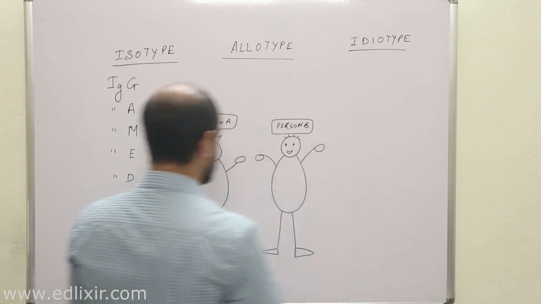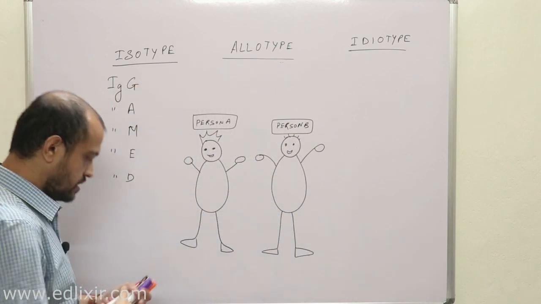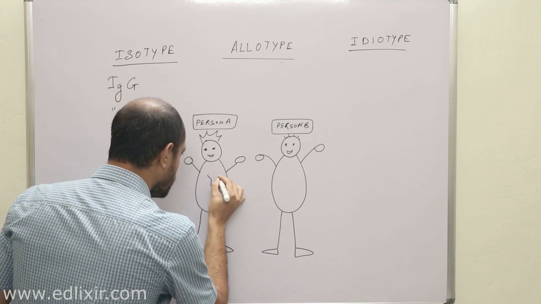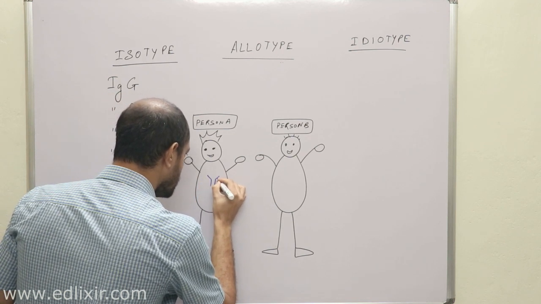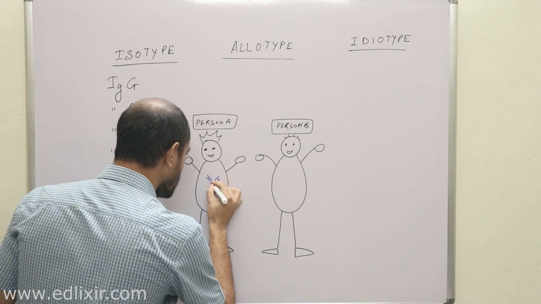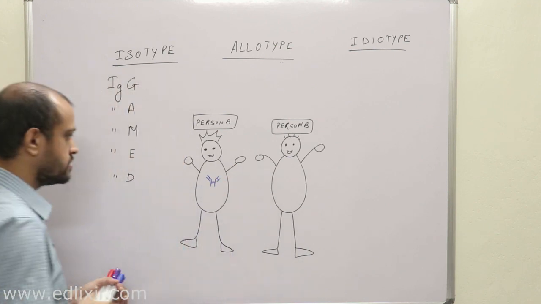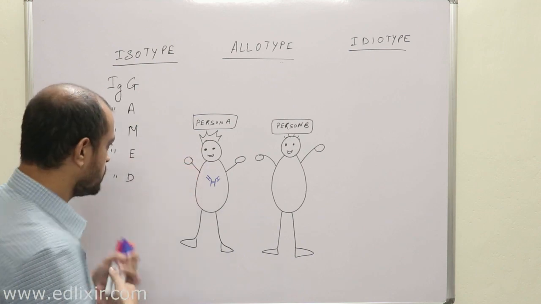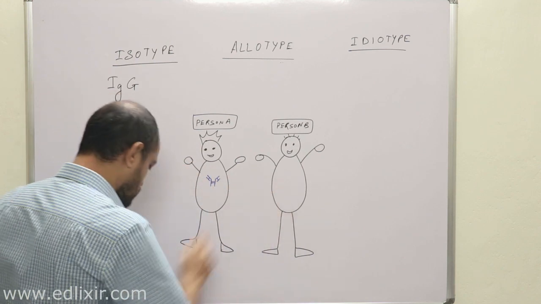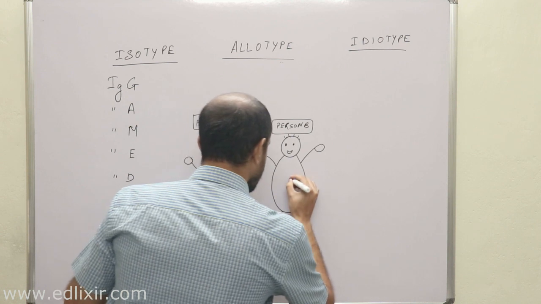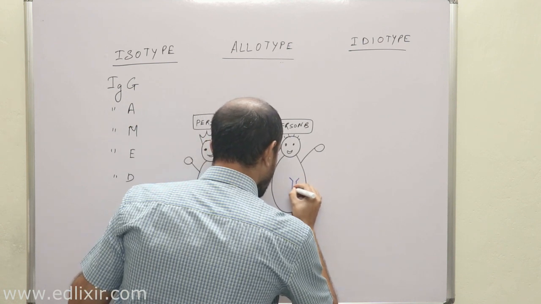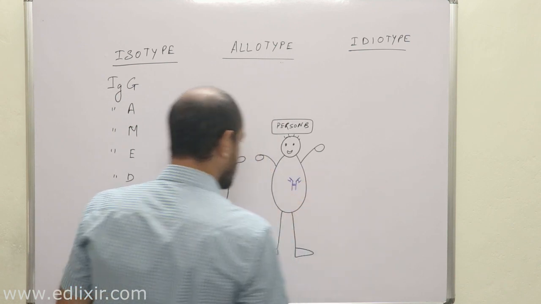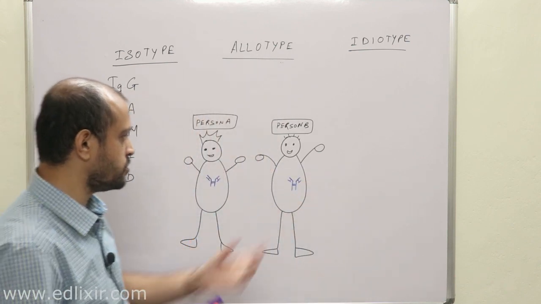Now, listen with all your attention. If we introduce this antibody from this person's body to this person's body, then everybody knows that antibodies will be produced against this, right?